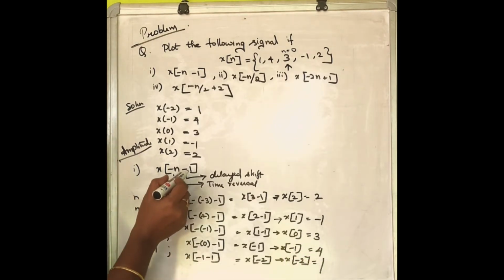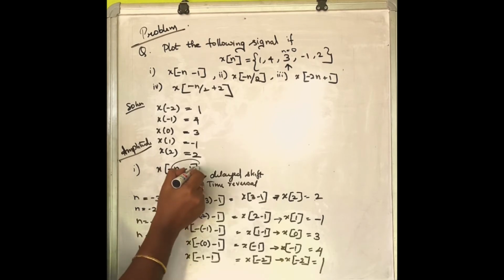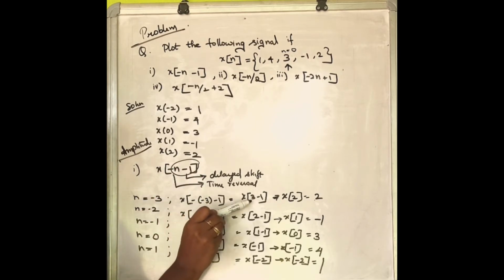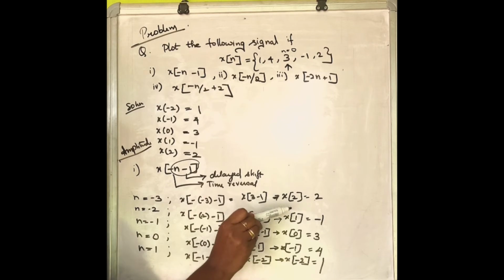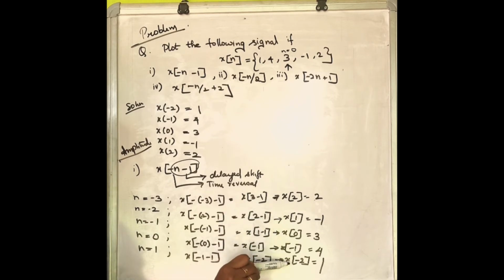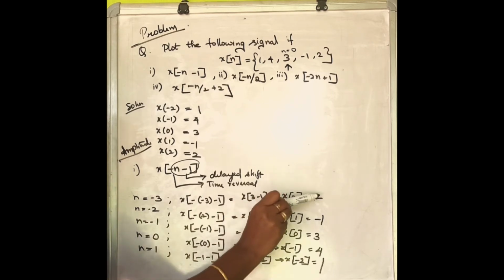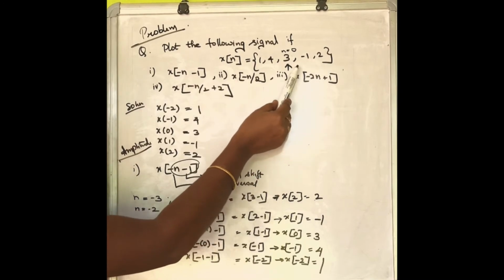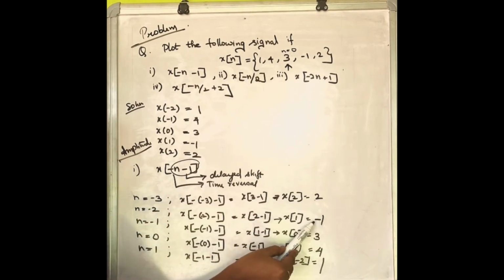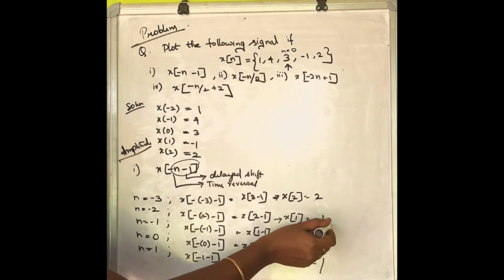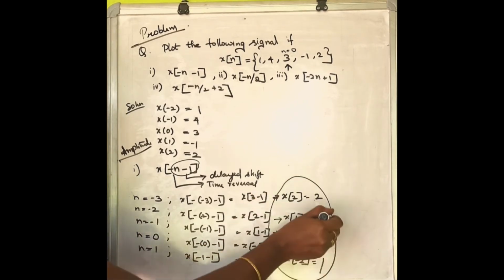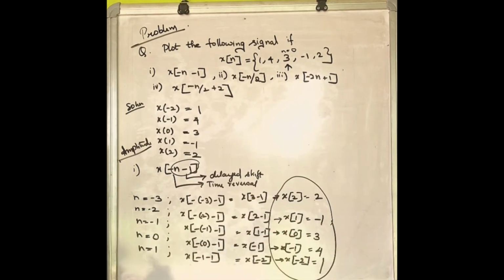So for n minus 1, the new time instants are 2, 1, 0, -1, -2, and the amplitudes will be 2, -1, 3, 4, 1. So having this, you are going to draw the representation.